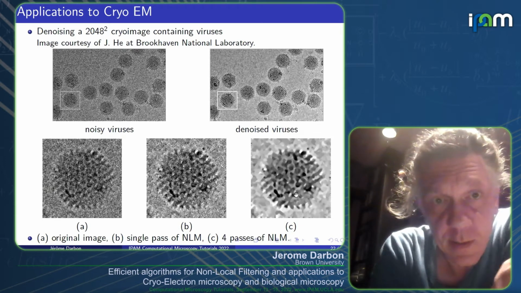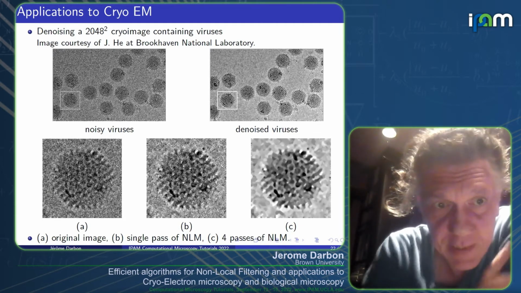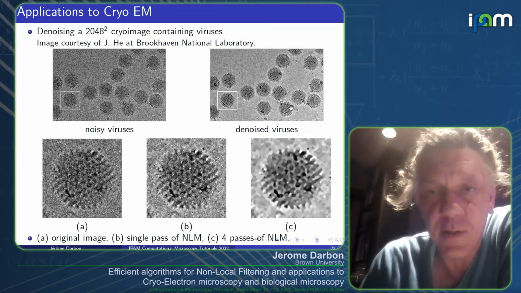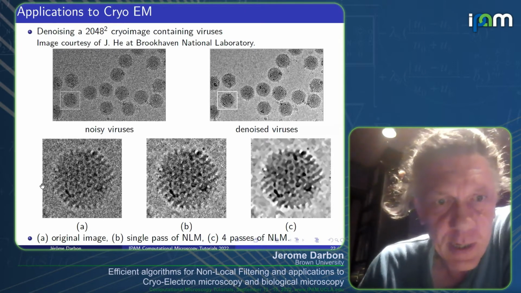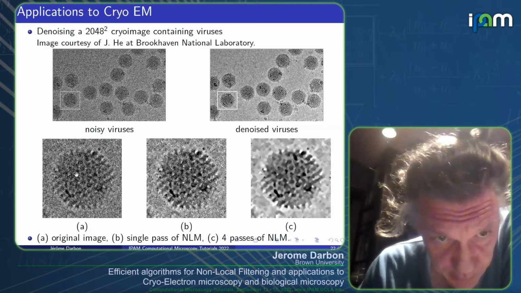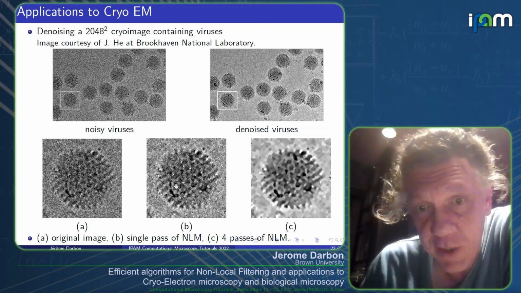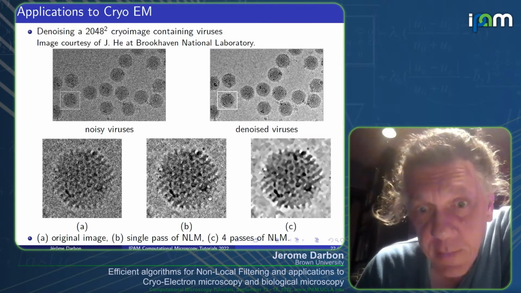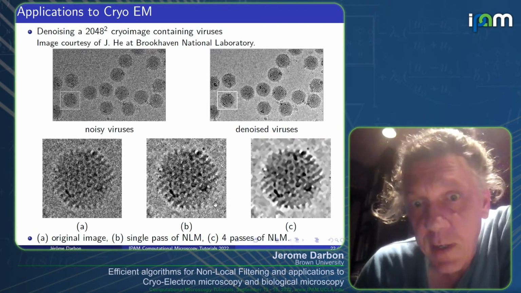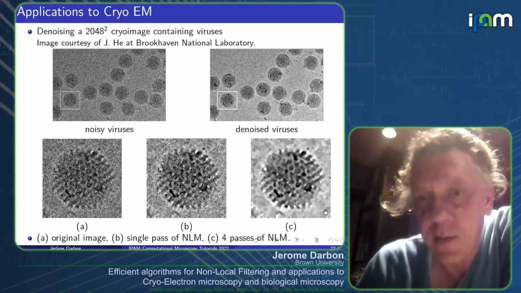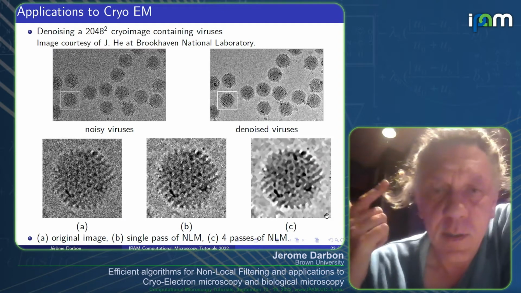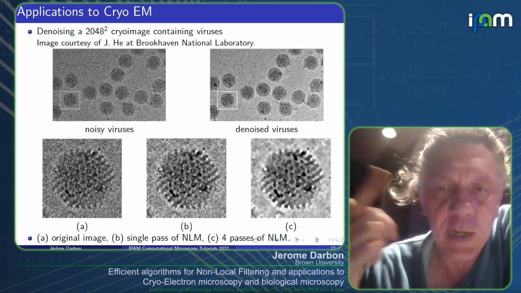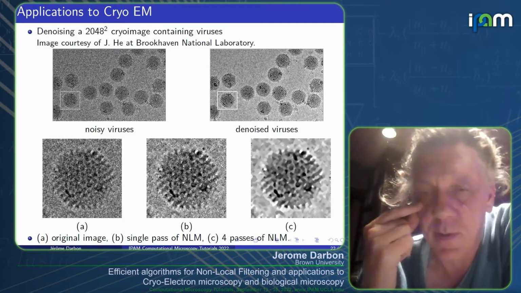This is another cryo image that contains viruses. You have on the top left the original image, on the top right the denoised image. And when we zoom in, on the left you see the original image, in the middle you see the result of the non-local means filter, and on the right we keep reapplying the non-local means filter on the output of the previous pass.